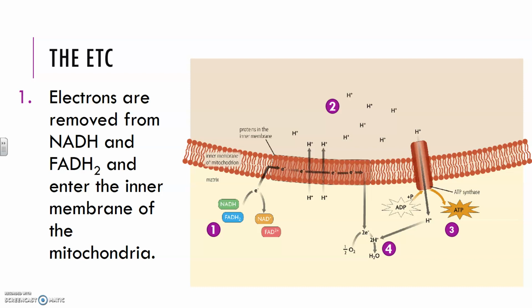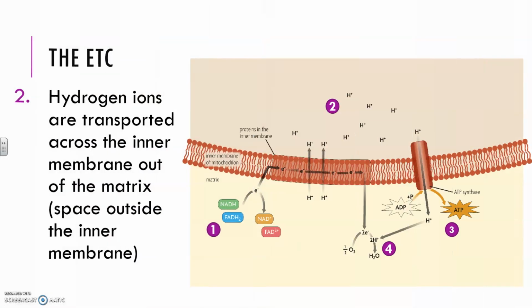It's also going to release the hydrogen ions. Okay, so these hydrogen ions are what are actually going to be transported across the inner membrane. Okay, so the NADH and the FADH2s don't just bring in the high energy electrons, they also bring in the hydrogens. Okay, so it's nice and useful there.